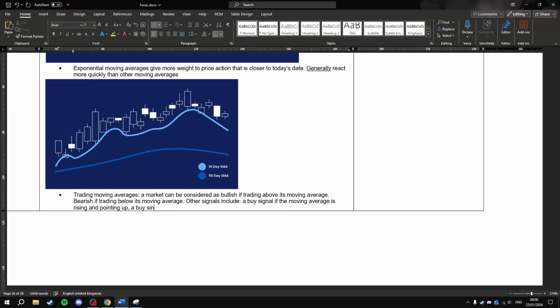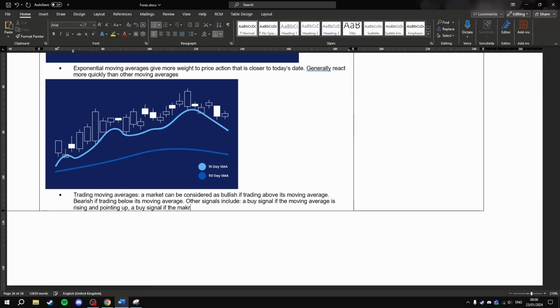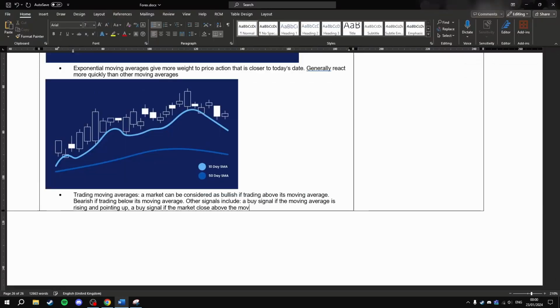A buy signal if the market closes above the moving average.